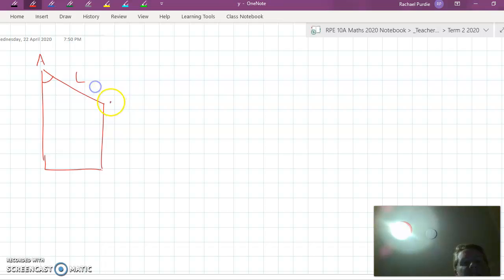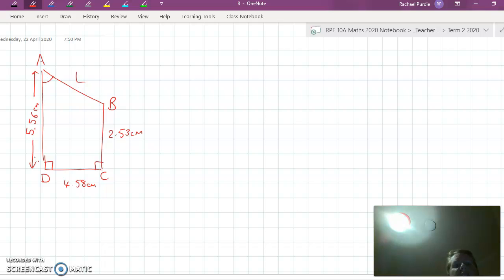We've got 2.53 centimeters, a right angle there and there with C and D, 4.58 centimeters, and 5.56 centimeters. The question wants to find out how large is L, as well as how large is theta, this angle here. So two things we need to find out.